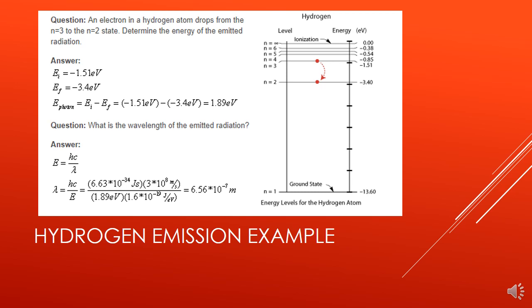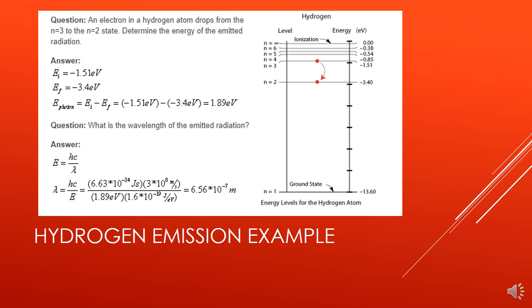Now it asks, what is the wavelength of the emitted radiation? So instead of E equals hf, we're going to use this version of the formula. E is equal to hc over lambda. Solving that for wavelength, I get wavelength is hc over energy. h is Planck's constant. c is the speed of light.